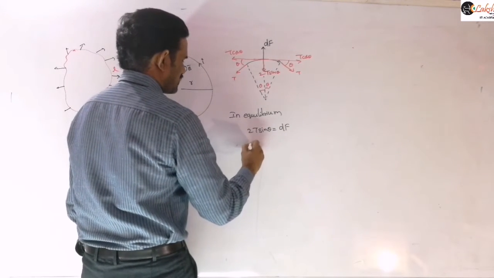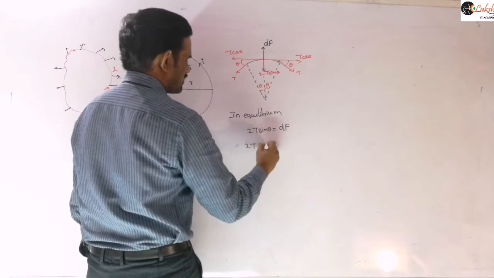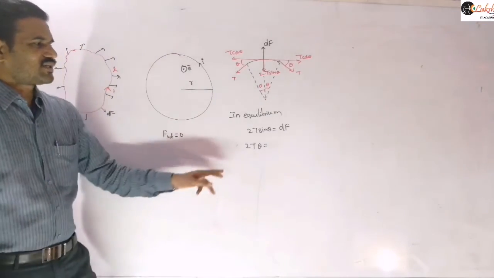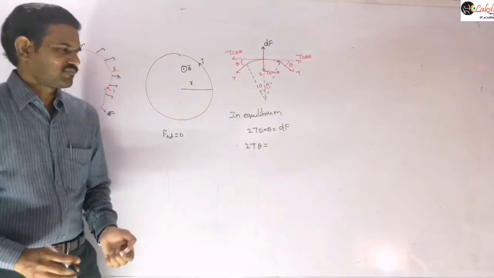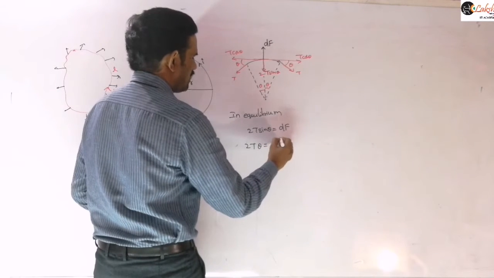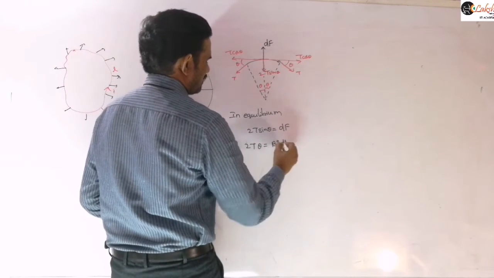Theta value is very small here, so sin theta we can consider as theta, and dF we can write as B I dl.